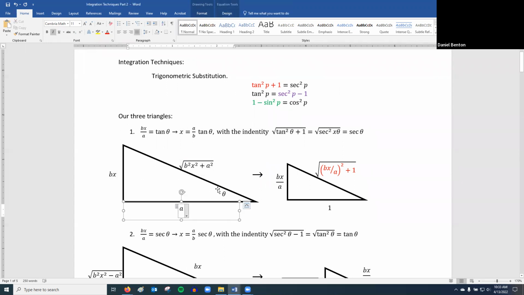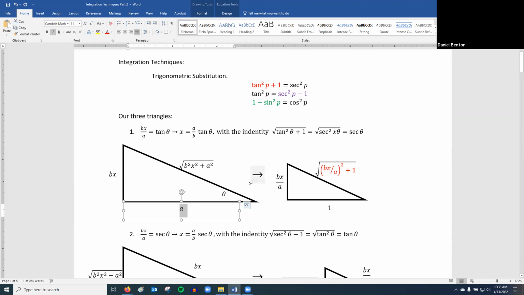And if that's the hypotenuse, then our tangent would be bx opposite over adjacent, right? Or if you want to divide everything by a, we get bx over a, 1, and this square root right here, right?